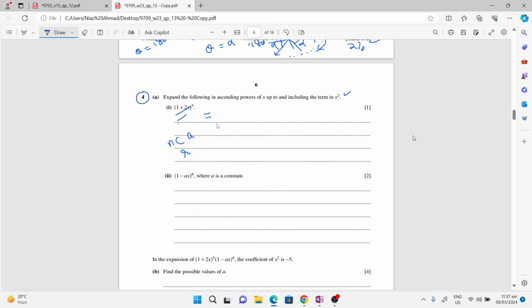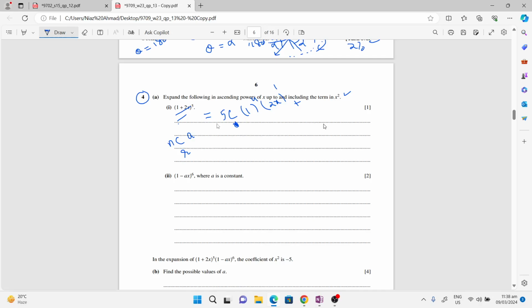Ascending power means from smaller to bigger. So you write 5c0, and so on. You can start from 1 as well. 5c0 becomes 1, then 1 raised to the power 5 minus 1 is 4, and the next value of b is 2x, with 2x to the power 1.